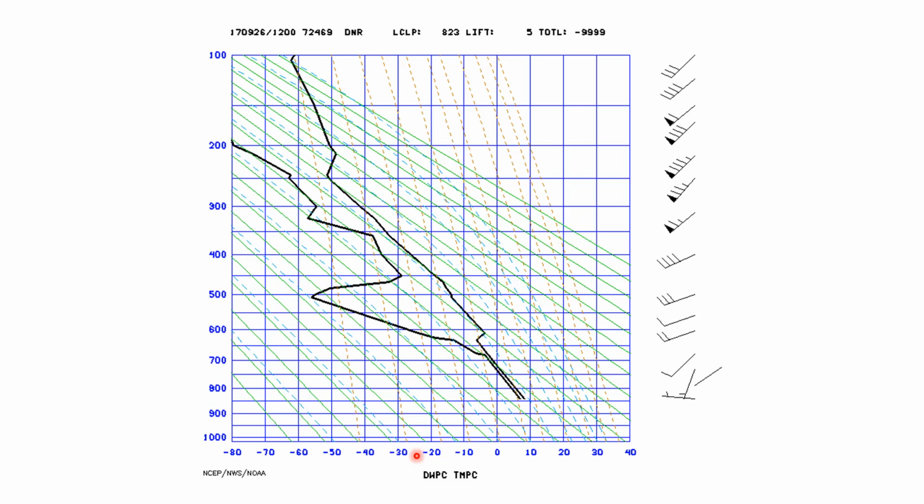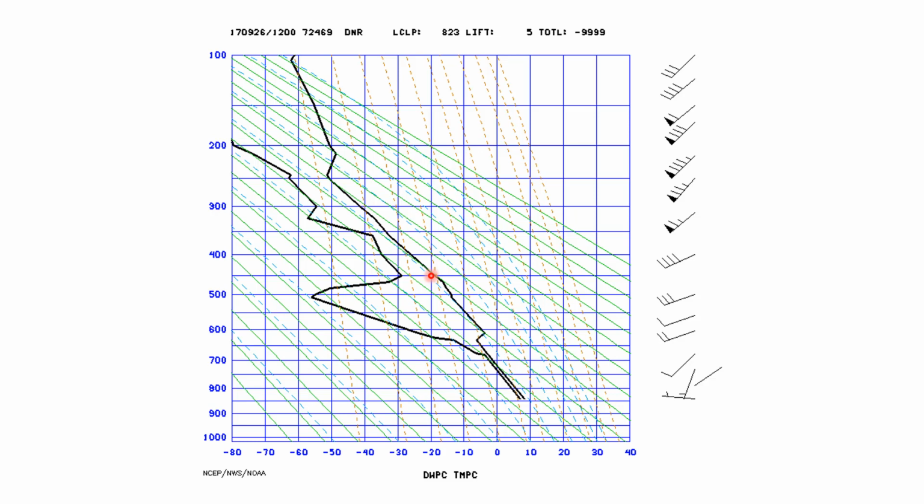To figure that out, find somewhere in that range. I know 450 is somewhere in that range, so I'm going to hover my laser pointer over it. If you want, you can just put your finger right there.